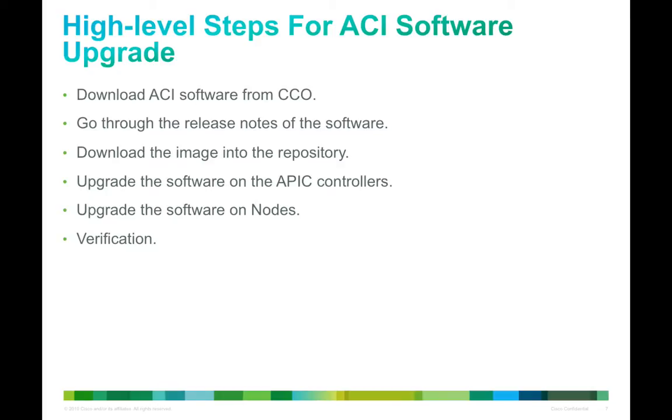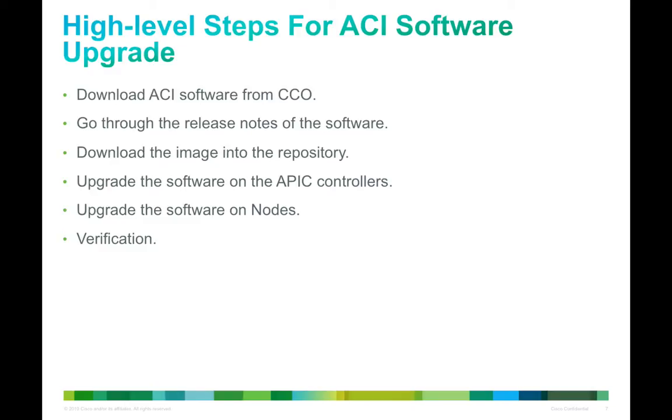Here are some of the high-level steps for an ACI software upgrade. First and foremost, you have to download the ACI software from Cisco's website by using your CCO ID. You should go through the release notes of the software before upgrading your ACI Fabric.